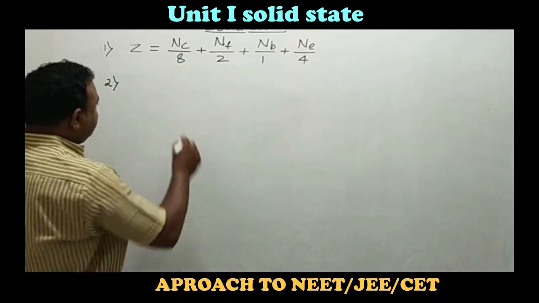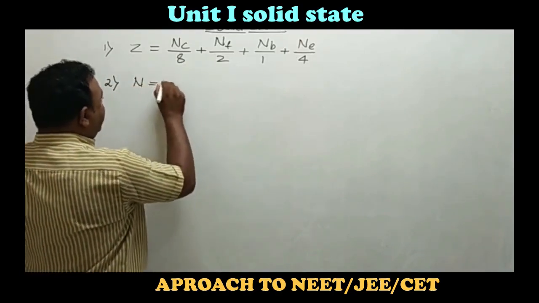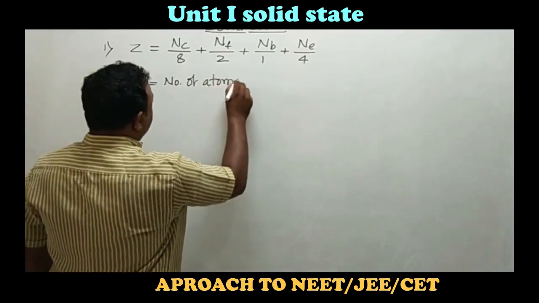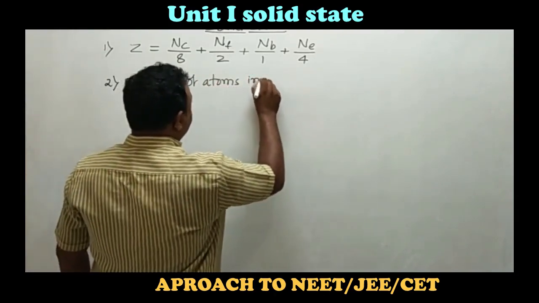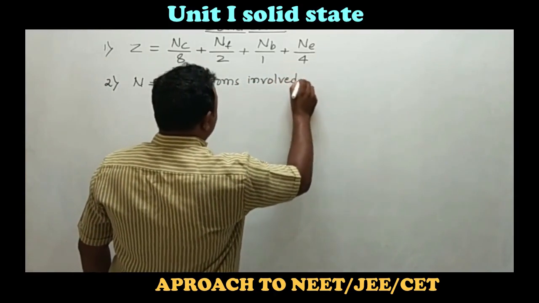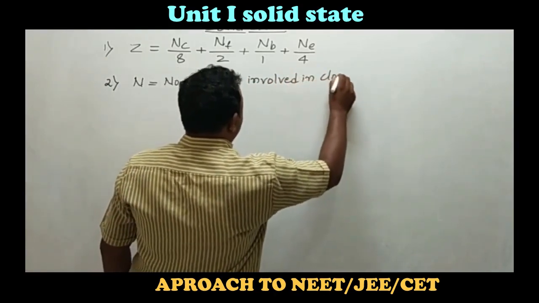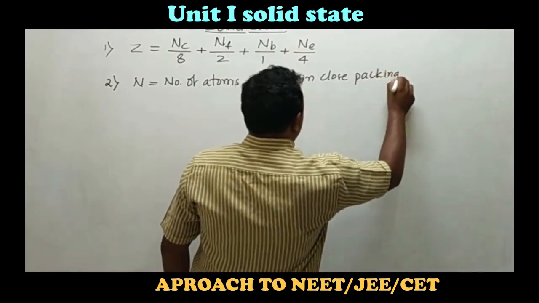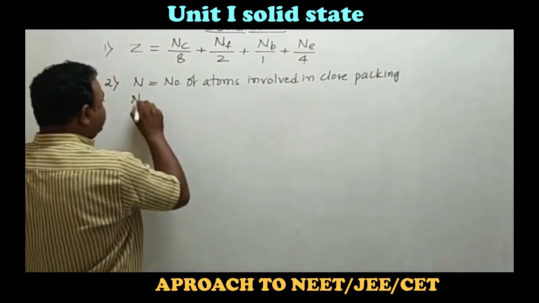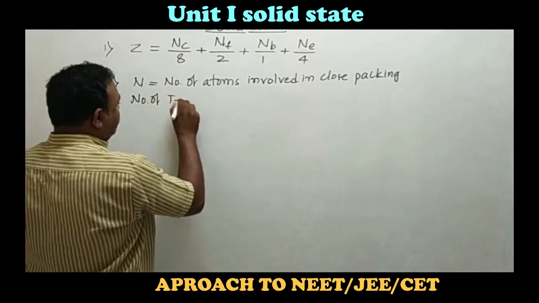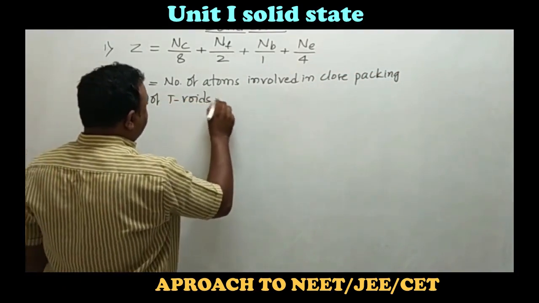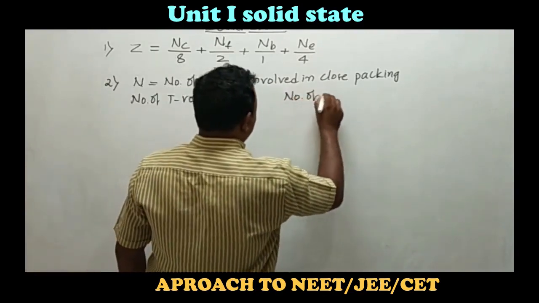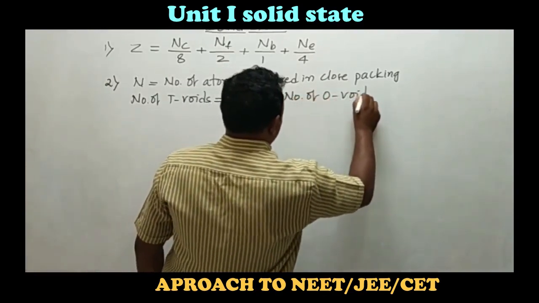Second one. See, if n is the number of atoms involved in close packing, number of tetrahedral voids is equal to 2n and number of octahedral voids is equal to n.